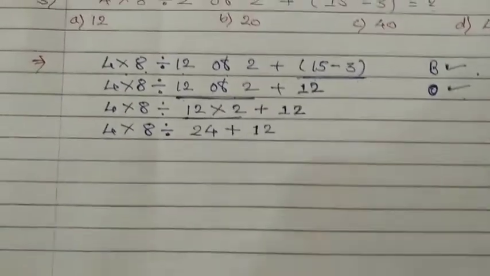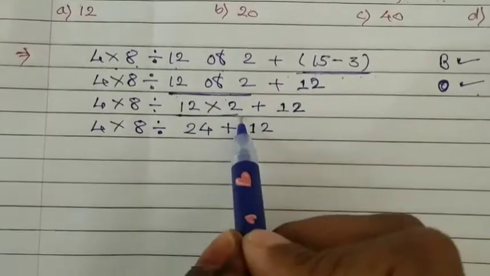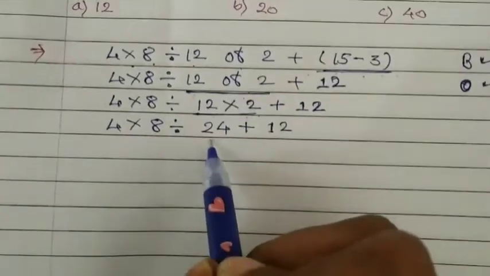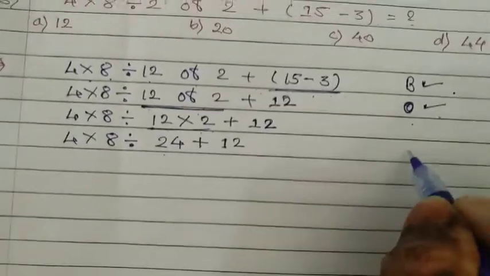Bracket firstly solve, then of solve, 12 into 2, 24. Then bracket okay, of okay, then division.